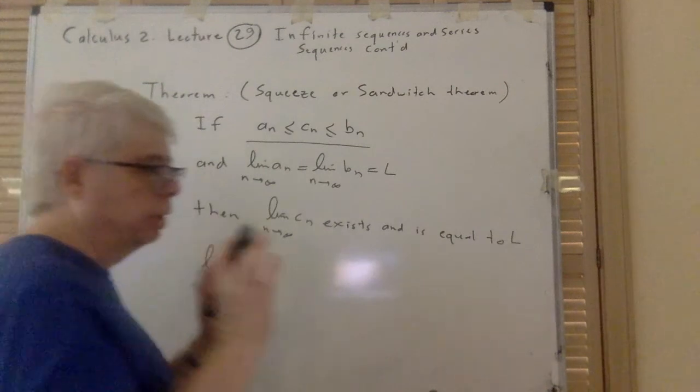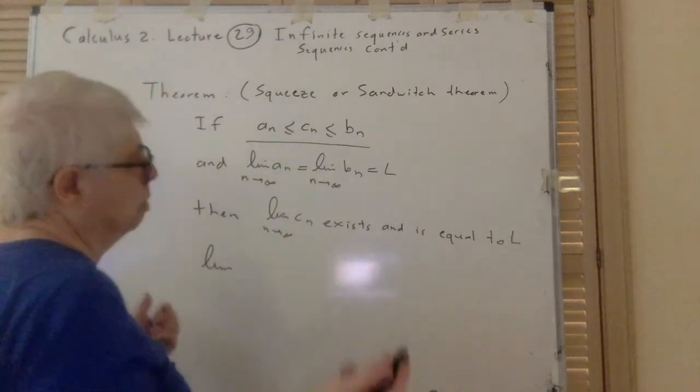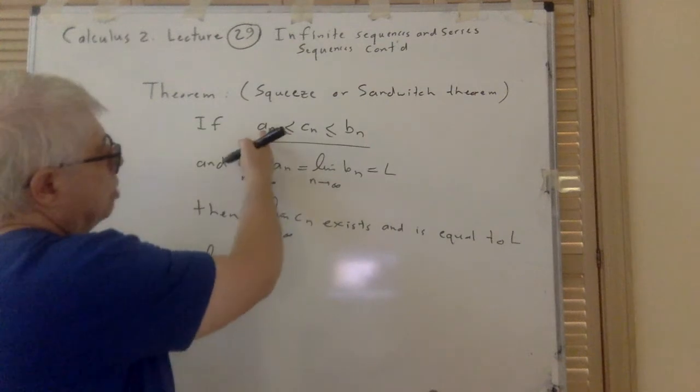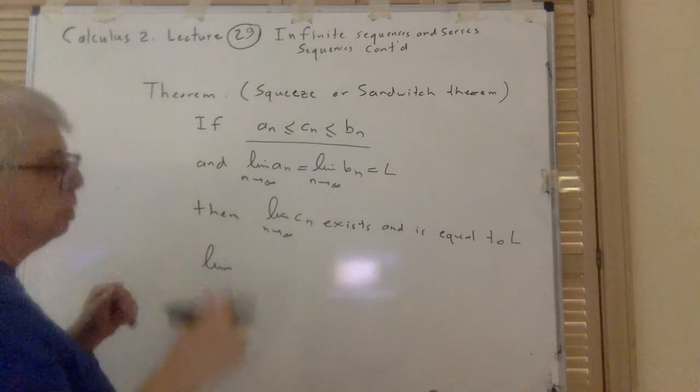As you go on and on, this happens for every n, right? So if n gets larger, this one gets larger, and this one gets larger, and cn should stay between them.